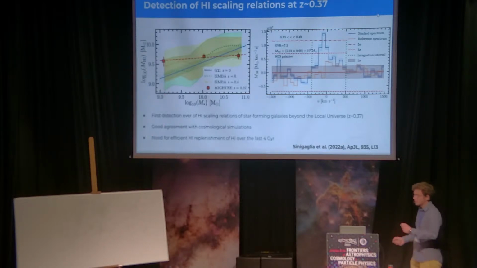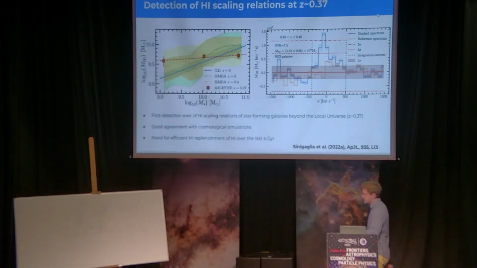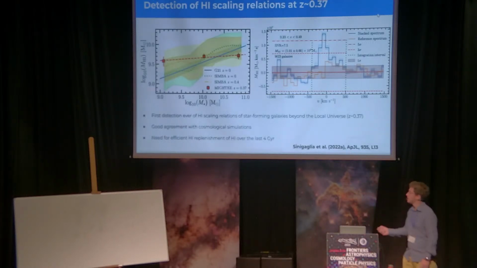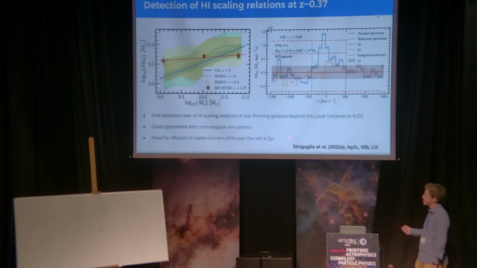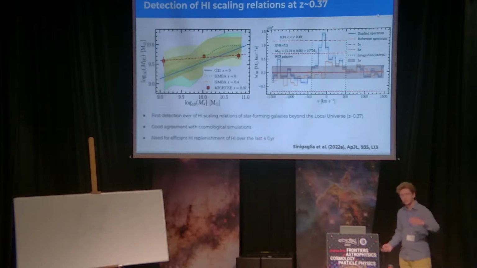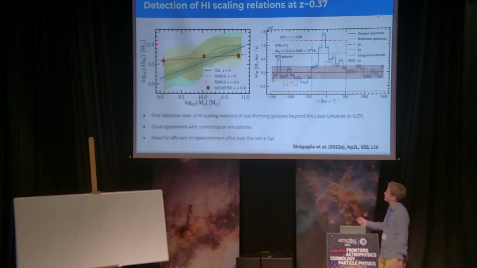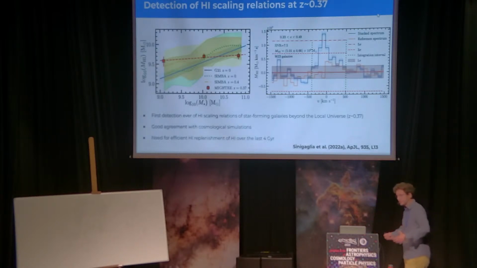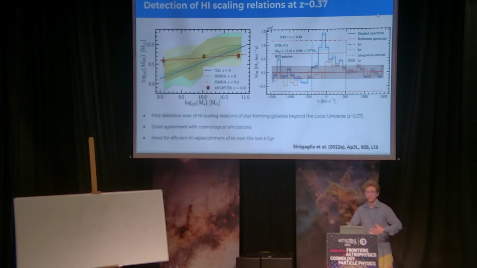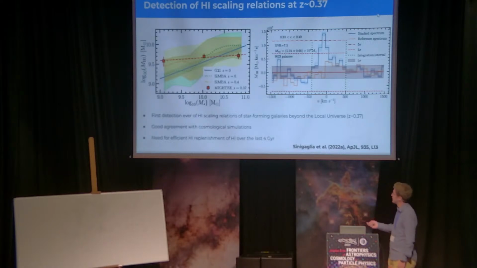And if one computes the time scale on which the H1 gas depletion occurs in galaxies, it turns out that one needs an efficient H1 replenishment mechanism inside galaxies over the last 5 giga years, which is more or less the difference in time between the red and the blue constraints we have here. And this might in turn be related to processes of minor mergers or cosmological accretion of gas onto galaxies, so something very exciting.